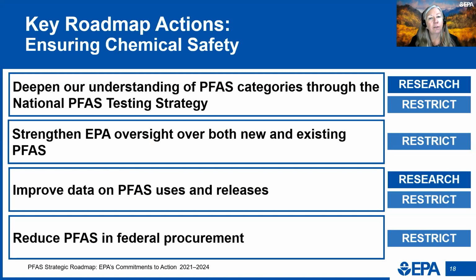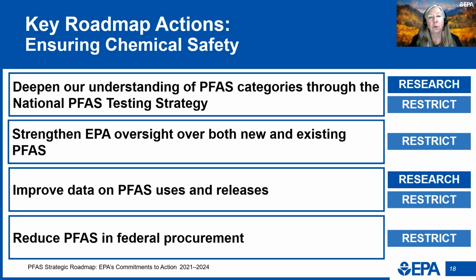The next area I'll cover is our work to ensure chemical safety. EPA's Office of Chemical Safety and Pollution Prevention is working on many actions to restrict PFAS, and most of these actions fall under two laws: the Toxic Substances Control Act, or TSCA, and the Toxics Release Inventory Program, or TRI.